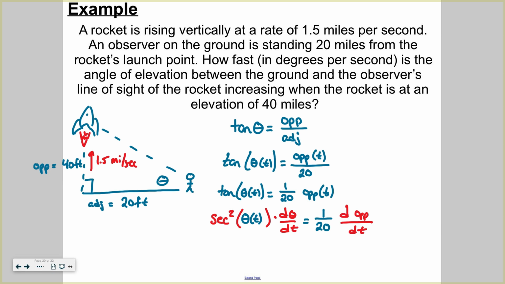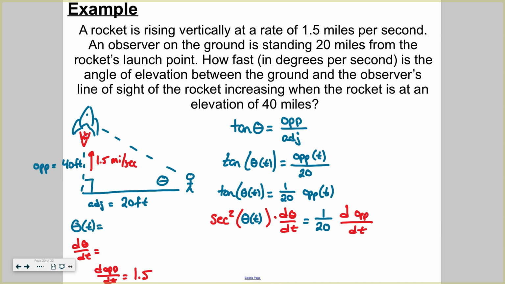So what do we have here? We have theta of t, we have the change in theta, and we have the change in the opposite side. What do we know? The change in the opposite side is how fast the rocket is increasing, so that is 1.5.